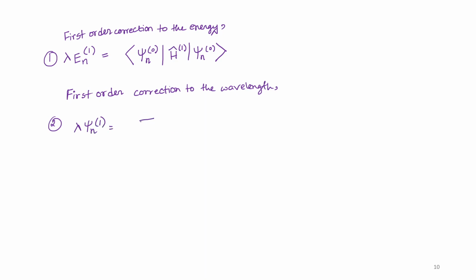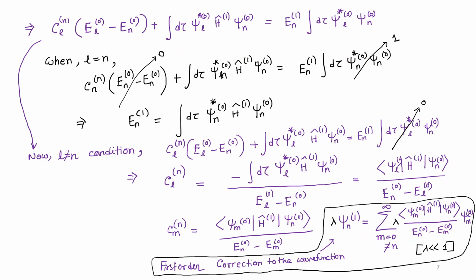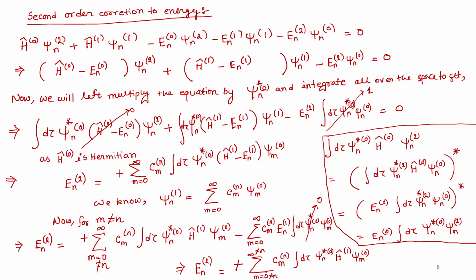It would be something like a summation where m is not equal to n, going towards infinity, and there will be some terms. Let me check once before writing anything. I should see what I did last time. So your Cm value we know is psi m 0 H1 psi n 0 over En 0 minus Em 0.